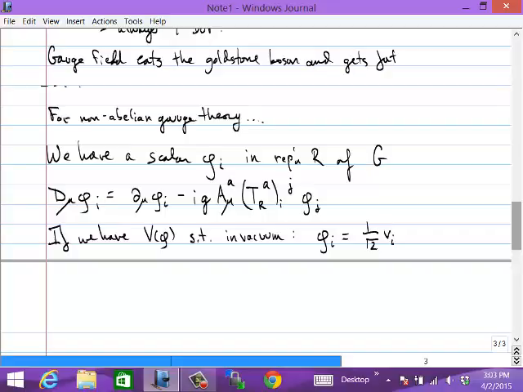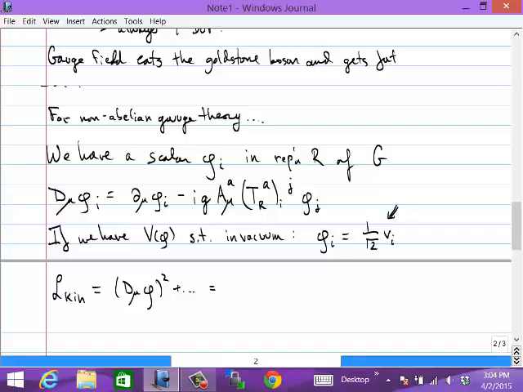Then expanding out around this vacuum solution for phi, we have the kinetic term, D_mu phi squared. If you just plug in that value of phi in vacuum, what will you get?